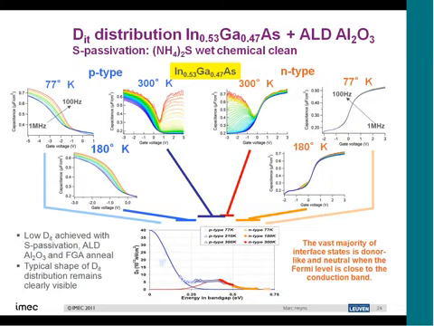So what you really have to do if you want to completely scan the band gap in III-V materials is work with P-type and N-type materials, work in a broad range of frequencies, and work at various temperatures to see various parts of the curves.